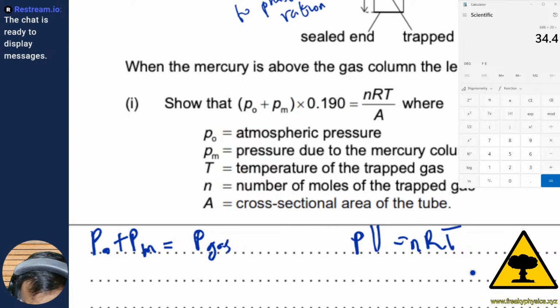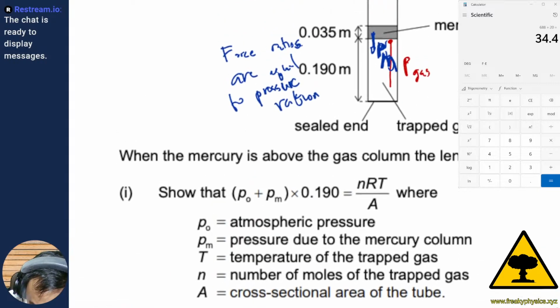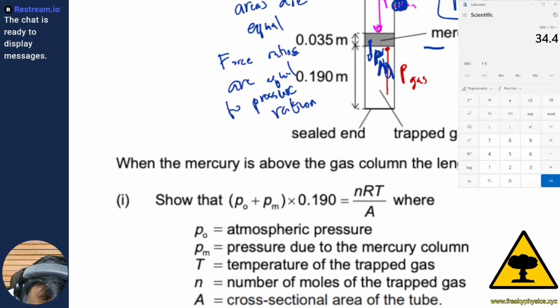Okay, here's the thing. What is A here, the cross-sectional area of the tube? I'm going to say that the volume will be equal to the height times the A, right? So this is going to be the height, and this is going to be the cross-sectional area, A, over there.